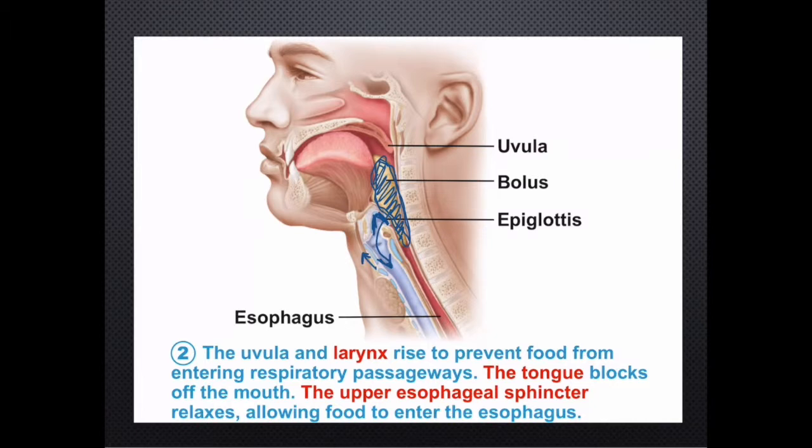So the food is not going to be passing to the lower airways. But why the food will not be moving up into my nasal cavity and will come out of my nose? Because simply you see on here, you're going to also be closing the upper airways by contracting the uvula.